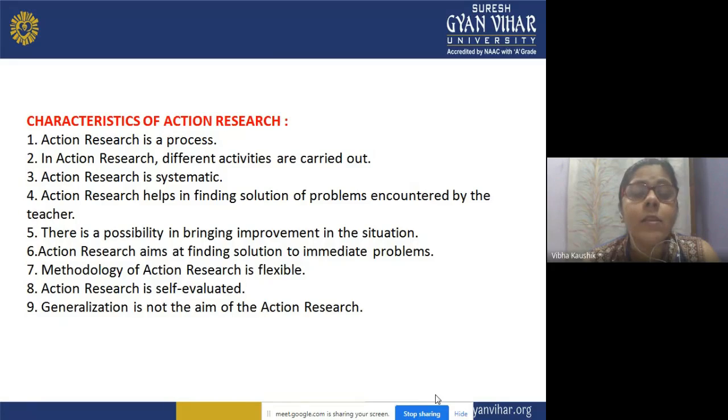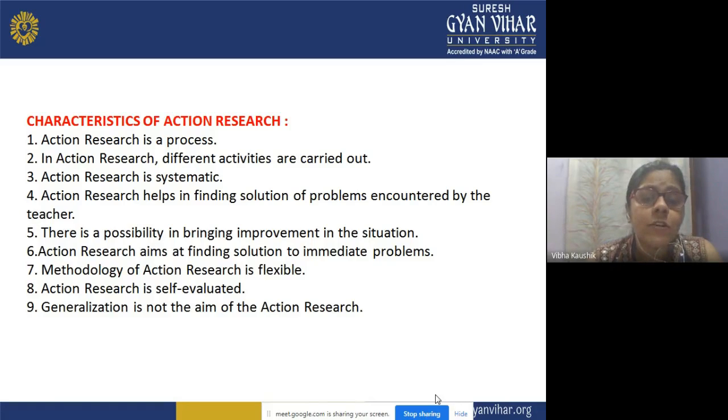After applying those solutions in the teaching learning process, it will bring improvement. Action research aims at finding solutions to an immediate problem, which means the problem which the teachers are facing right now. If the teacher is facing the problem of discipline, then this is the immediate problem, and the teacher has to find out the solution of that problem.